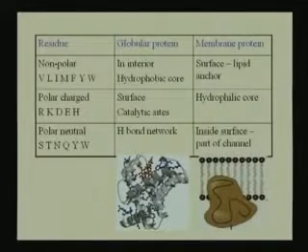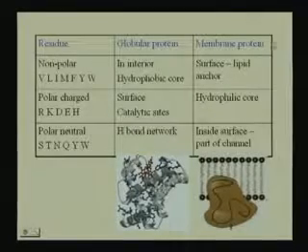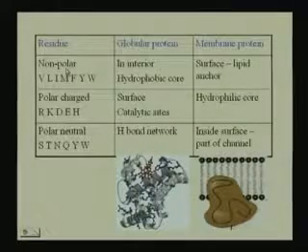Now, since you know the characteristics of the amino acids and I give you a list of amino acids, you should be able to tell me where each one occurs. Okay? So, I have a list up here. We have a globular protein, that is this. We have a membrane protein, that is this. Okay? I look at non-polar residues.